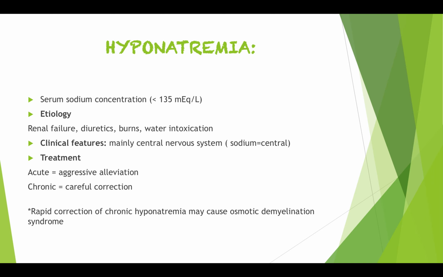Treatment also in conditions of acute hyponatremia: you need to correct this as soon as possible, as fast as possible, as aggressive as possible. In cases of chronic hyponatremia, you need to be careful. Why? Because rapid correction of chronic hyponatremia may cause osmotic demyelination syndrome.